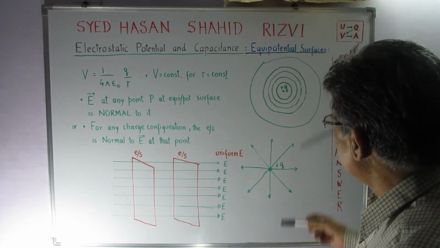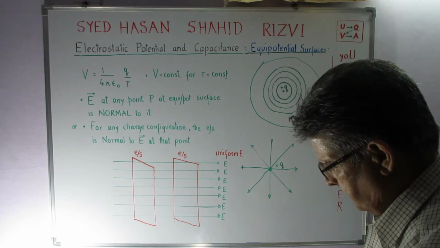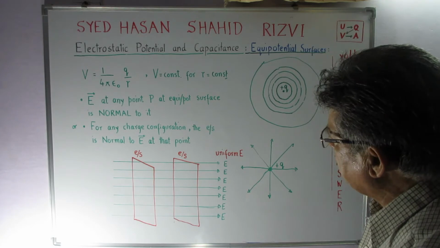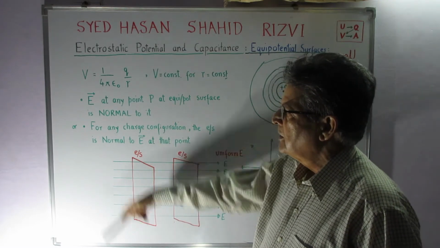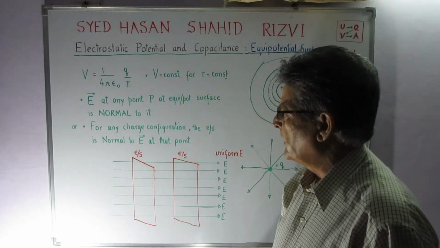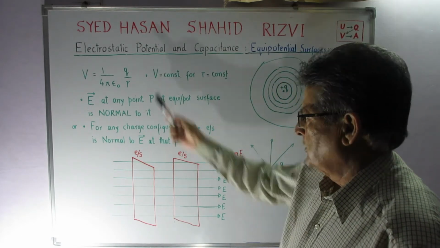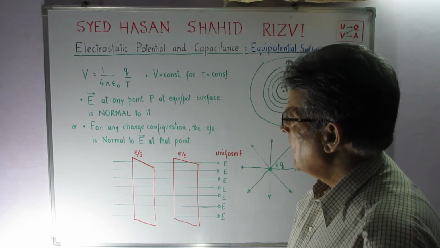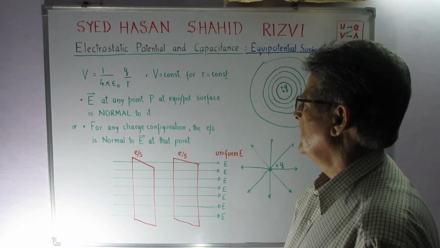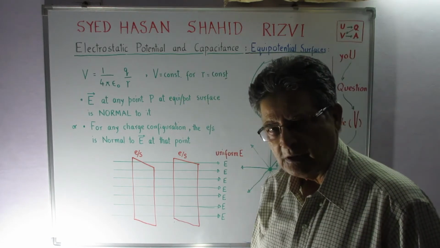Let's take a charge Q, and we find that at a distance r from that charge, the value of the potential is 1 upon 4 pi epsilon naught Q upon r. Q we have already defined. r is a value, so for a constant r, V is also constant.